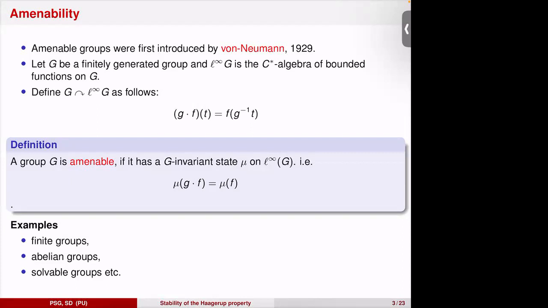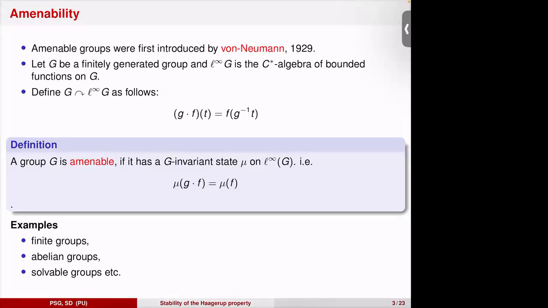A group is amenable if it has a G-invariant state on L infinity G. L infinity G is the collection of all bounded functions on the group, and the group G acts on L infinity as follows: small g acting on f, evaluated at the element t, gives us the value of f at g inverse t.